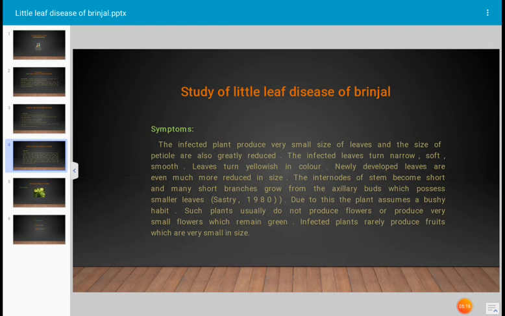When the infected plant rarely produces fruit, the fruits are very small in size. These are the specific symptoms caused by the mycoplasma or phytoplasma, and the name of the disease is little leaf disease of brinjal. This you have to do during practical.